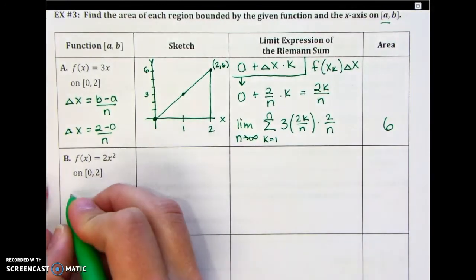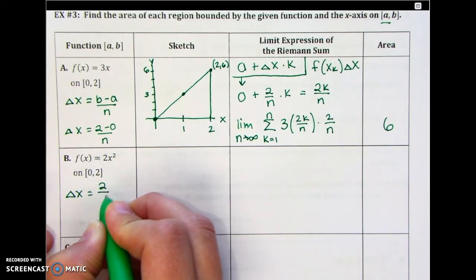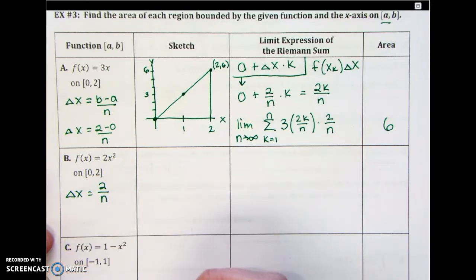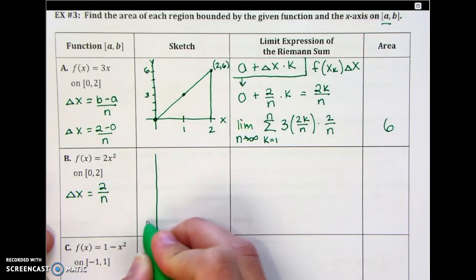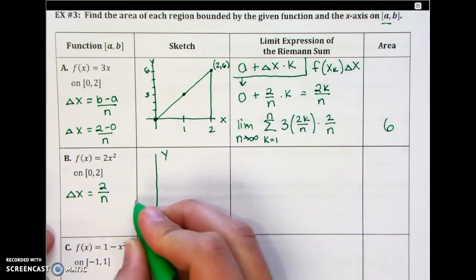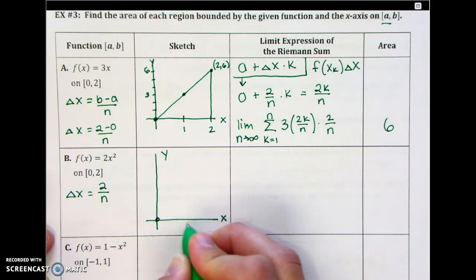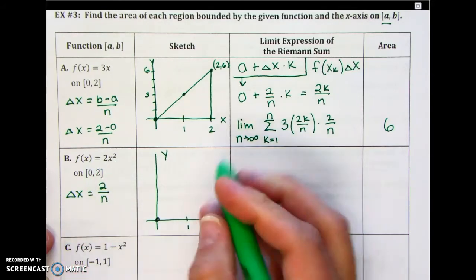What do we do first? We find change of x. 2 minus 0 over n. Done. We're going to graph this. This is a good quick review of graphing. So 0 is 0. When you plug in 1, you get 1 squared is 1 times 2.